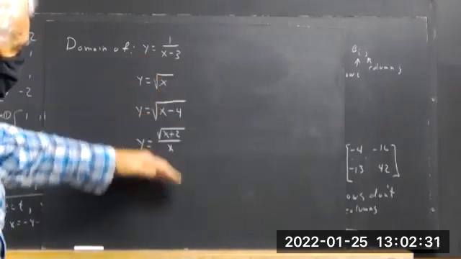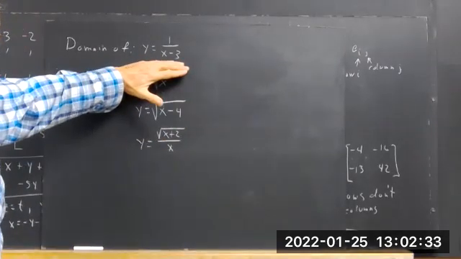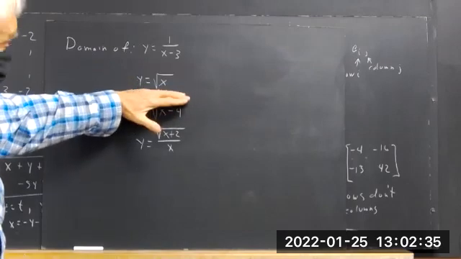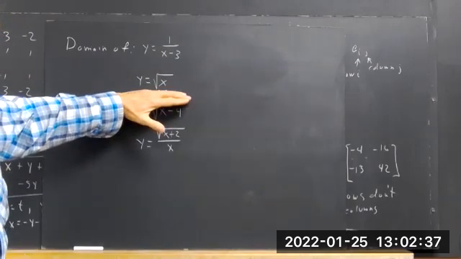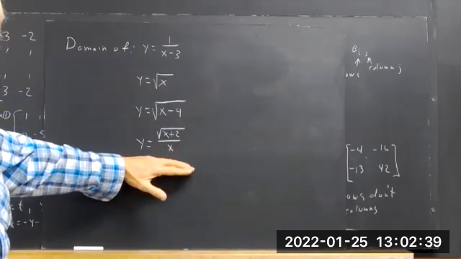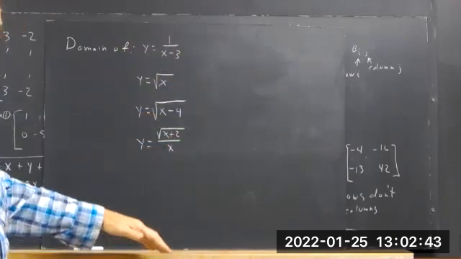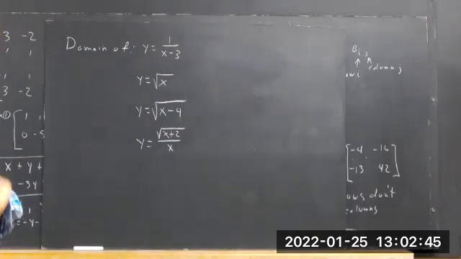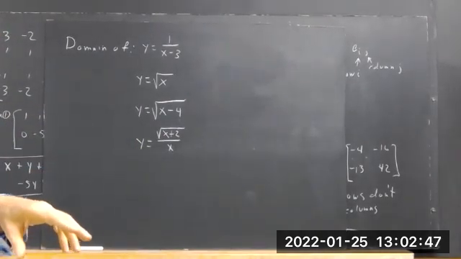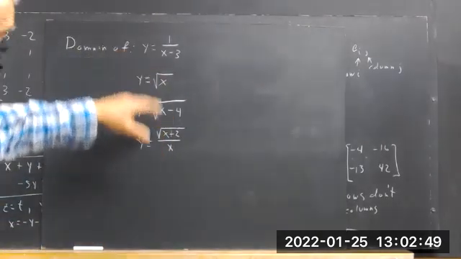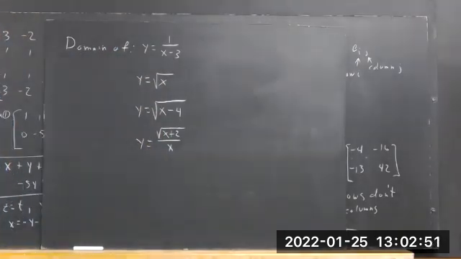Don't write them all out. Just write the first one out and tell me what you think the domain is. Then write the second one out. Tell me what you think the domain is. I want to see these kind of quick ones. Not everybody will get all four. I don't want you to waste time writing them all down if you're not going to get to it. But I'm not going to give you a lot of time. Let's see if you can tell me what the domains of these things are.